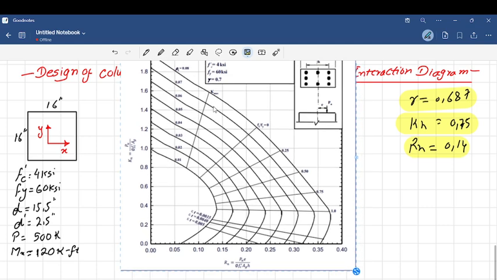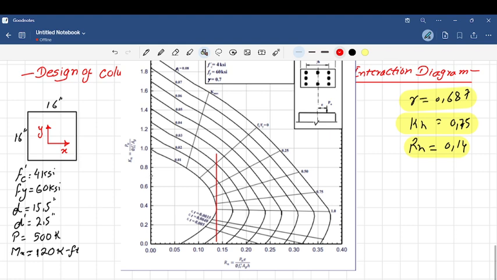Let's specify the points in the graph. We have the value of Rn to be 0.14. Since this is 0.15, this is going to be 0.14. We are going to draw a straight line going upward from the point, and at the same time we have 0.75 as our Kn value. So this is 0.8 and this is 0.7, so this is going to be 0.75, and in between these points you have somewhere around here.